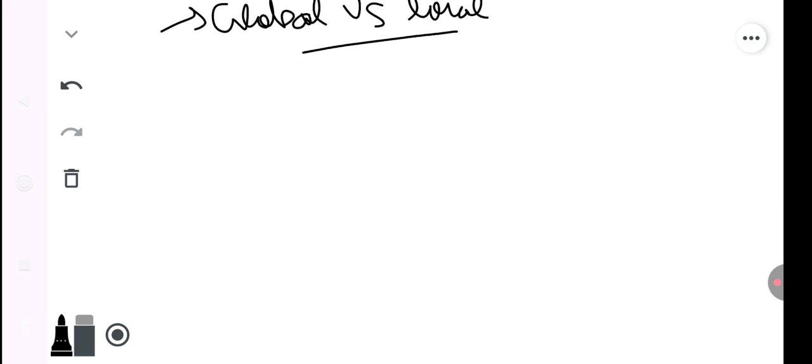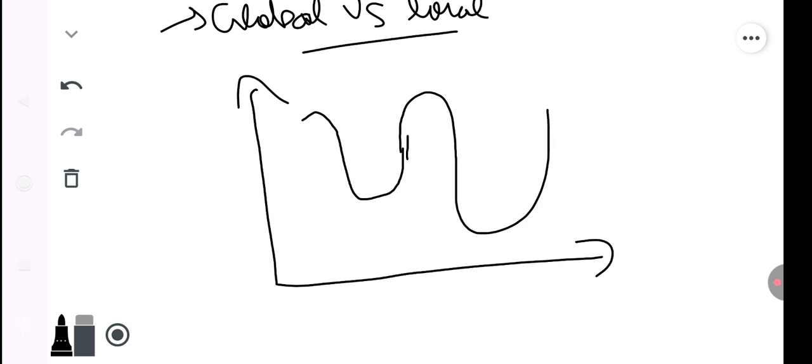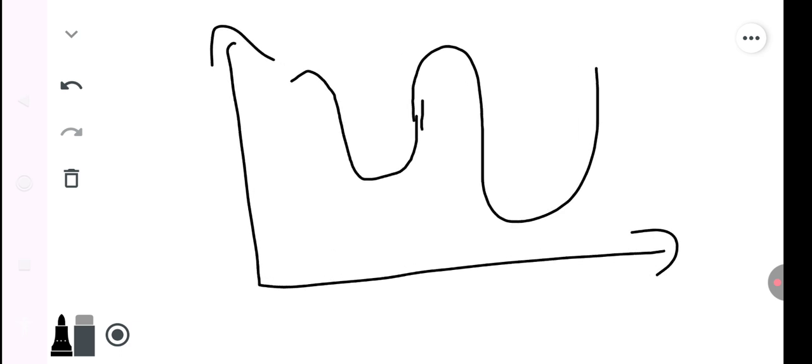So what I'm trying to say is that suppose I have two curves here. One is this curve, and one is this curve. One is a little bit up here, and one is a little bit down here. So there are two curves I have made.